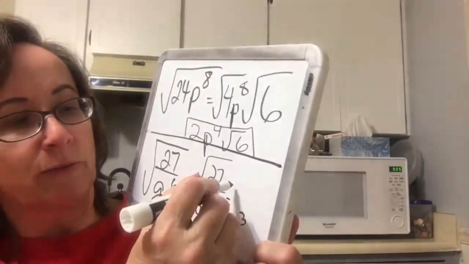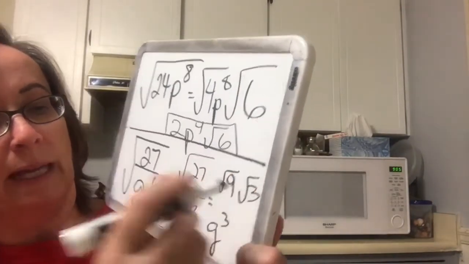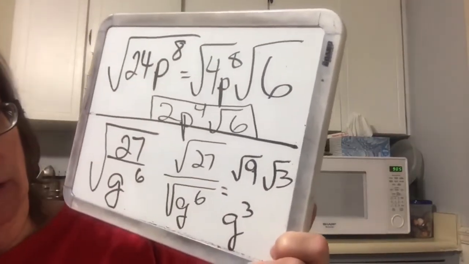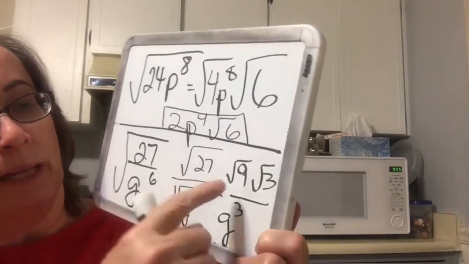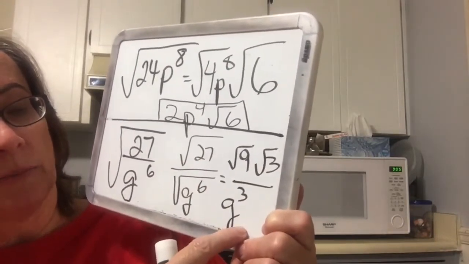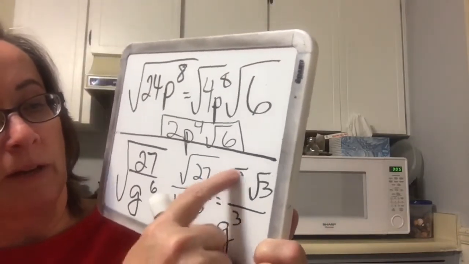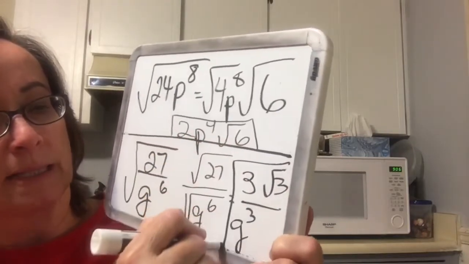And then the square root of 27 would become the square root of 9, the square root of 3, because 9 is perfect and 3 is the leftovers. So then my final answer would wind up being 3 square root of 3 over g cubed. And since I've run out of board, I'm just going to take my square root of 9 and make it a 3 and box my answer.